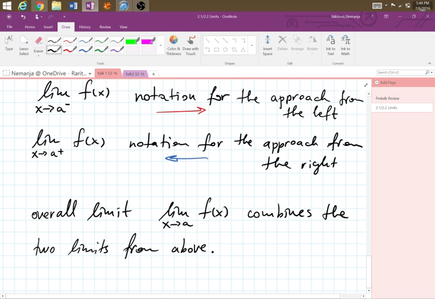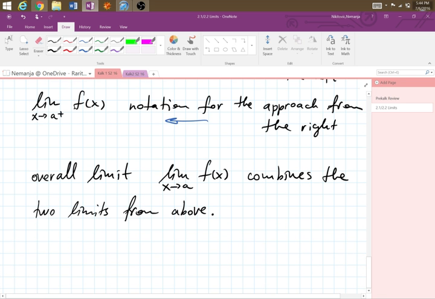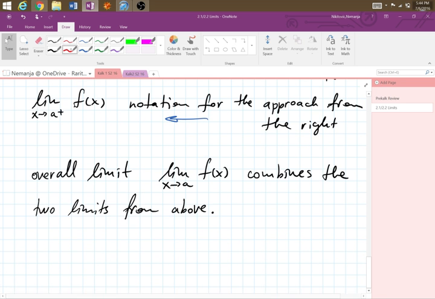So every time when you just see a limit, you have to make sure that both sides are there. And that leads into a major theorem on limits.